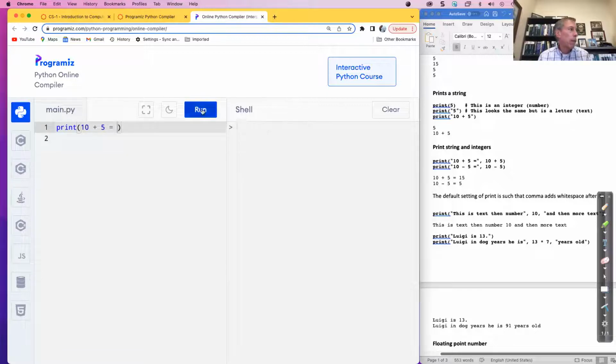Let's see what happens. It doesn't understand this, because this has to be a valid equation. So that's why I have to do 10 plus 5 equals, comma, and then 10 plus 5. Whoops. Run that. This is a valid equation that it will do the calculation.